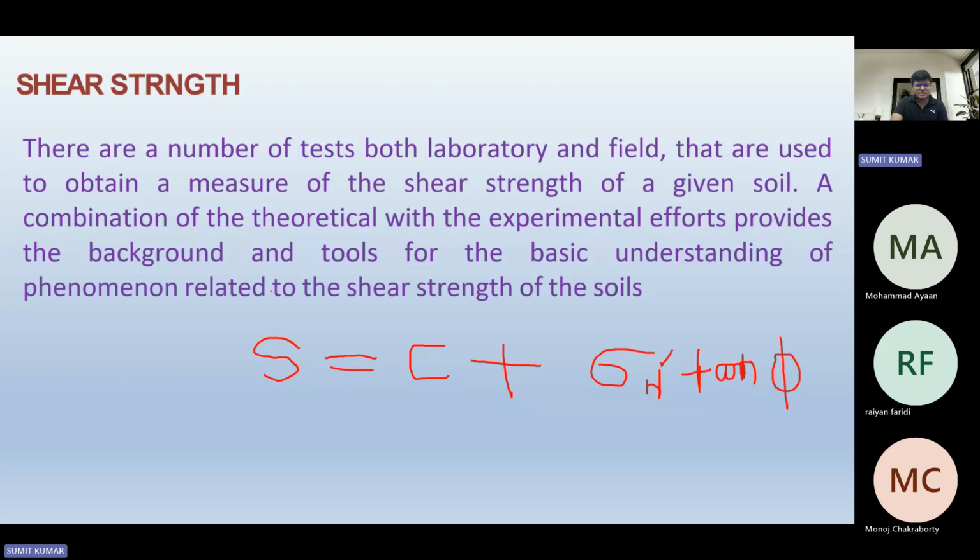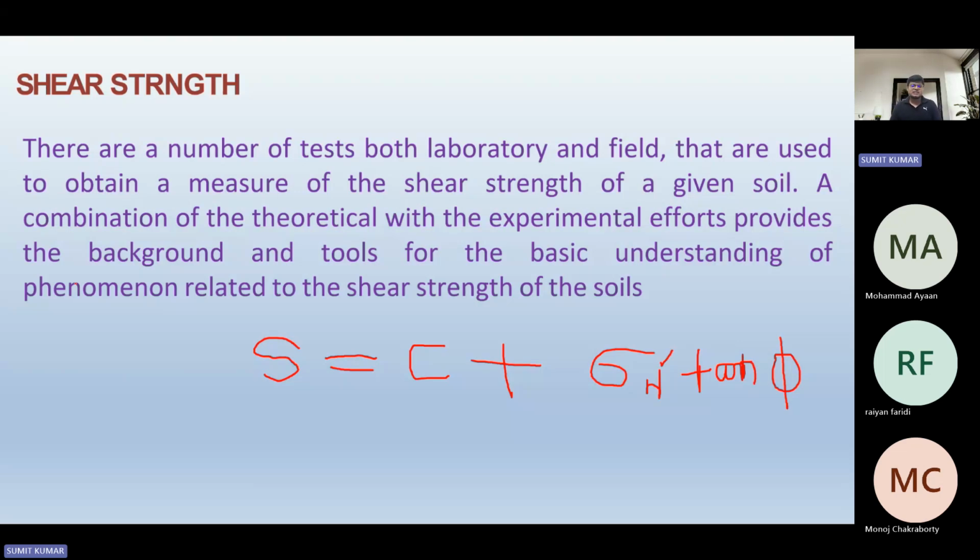So this is the basic term we use to calculate the shear strength. Where C is the cohesion, phi is the angle of internal friction, S is the shear strength, and sigma is the effective stress, or the total; both terms we can calculate.